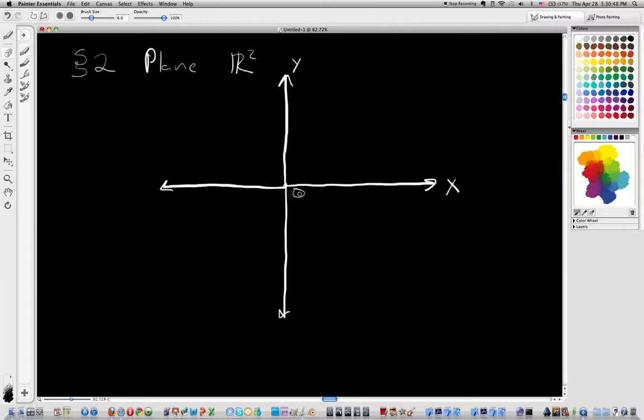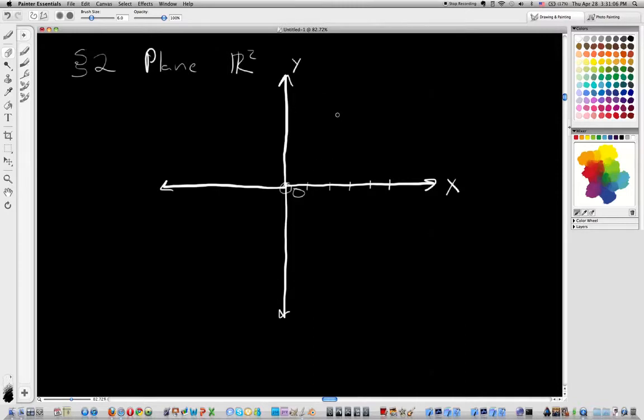Now, the O, or the origin, corresponds to 0. Then you'll have increments. Usually when dealing with calculus we go pi halves, pi, but that's a story for another time.